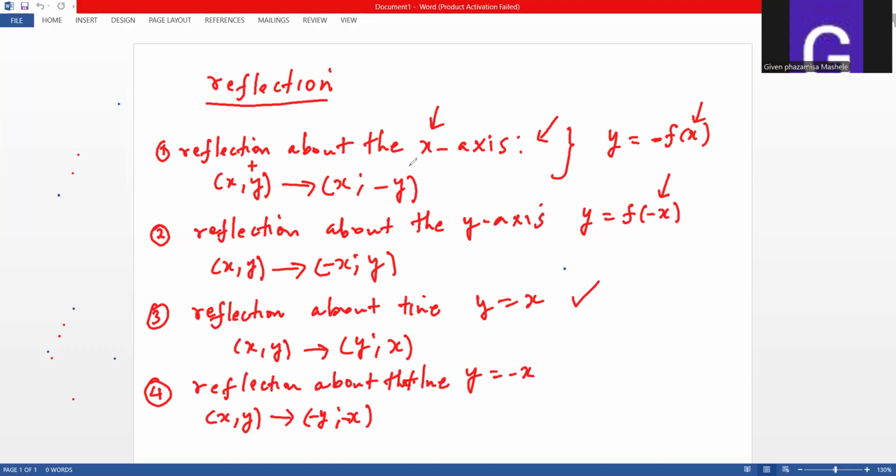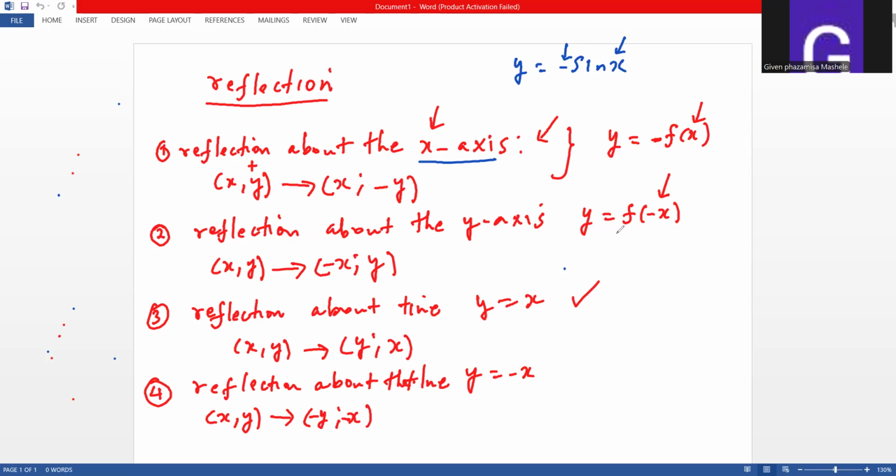For example, let's say you are given y equals to minus sine x. Look, the x is positive, but the function has a minus. What does this mean? It means this is a reflection about the x-axis. Why? Because the x does not change. What is changing is the y. So this is a reflection about the x-axis.